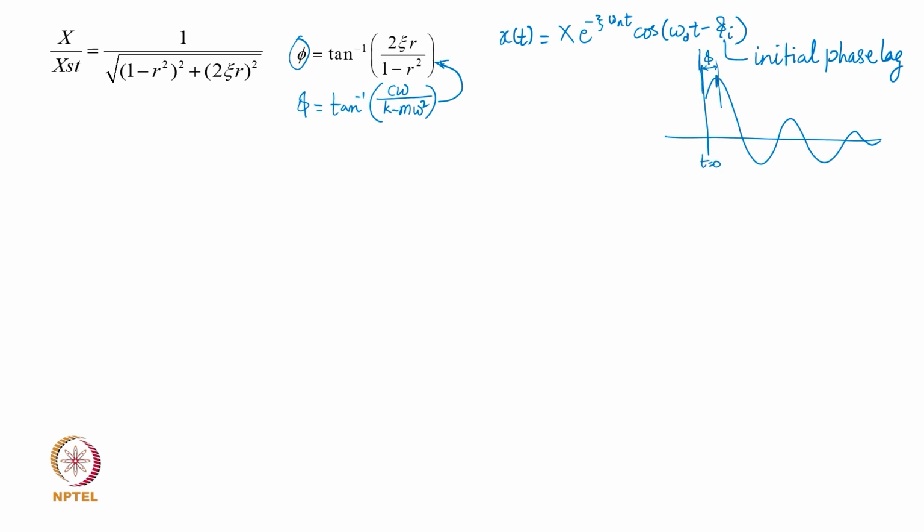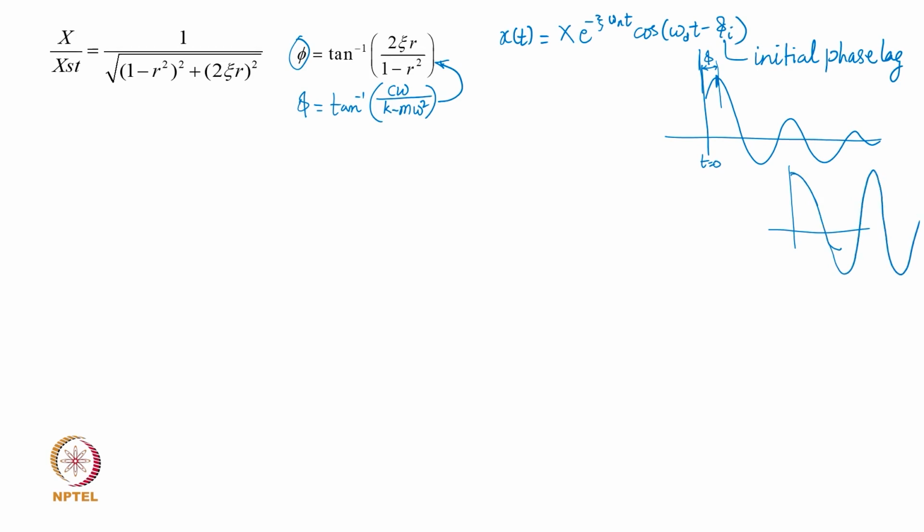This phase lag, you remember, was equal to 0 when the system was subjected to initial displacement, no initial velocity. If it is initial velocity, no initial displacement, it was 90 degrees. So, when there was initial displacement, the phase angle was 0, and the response was like a cosine function.